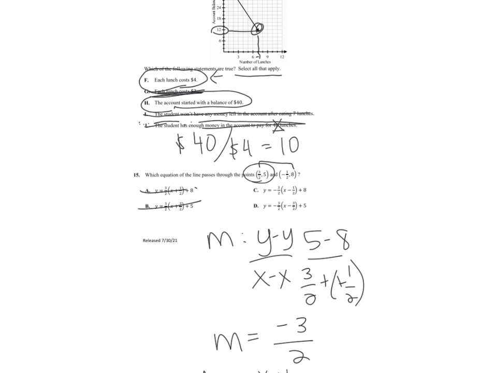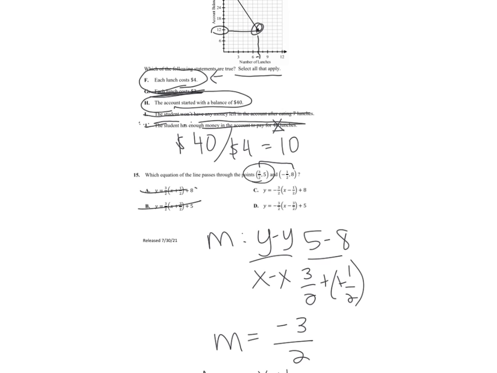So 5 equals negative 9 over 4 plus b. I'm going to add 9 over 4 to both sides. All right, 9 over 4, that's ugly. Let's just change that to a decimal real quick. That's 2 1/4. So that's 7.25, that's b. So I get y equals negative 3 over 2 x plus 7.25.